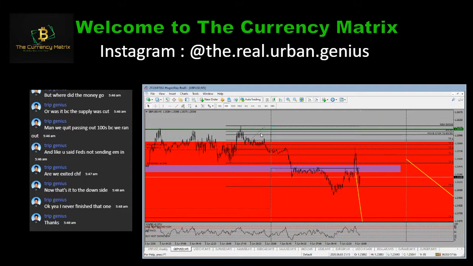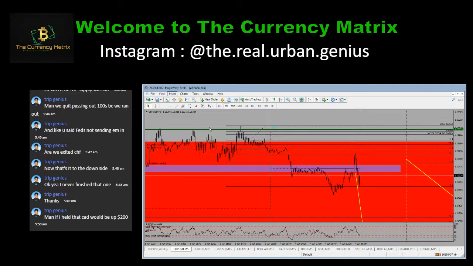Each TP that's crossed becomes a resistance level, right? Resistance becomes support, support becomes resistance. As you can see from left to right, each one of these levels changed between support and resistance, and they were also TPs.